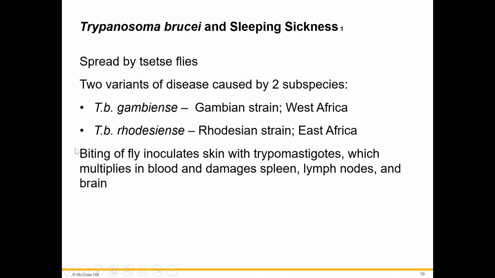Basically, the biting from this tsetse fly inoculates the skin with the trypomastigote phase, and once it enters our skin, it multiplies and proliferates in our blood. What this will damage is the spleen, the lymph nodes, and the brain. It is a hell of a parasite, and it's one that we really want to avoid, but it's very prevalent in these areas.